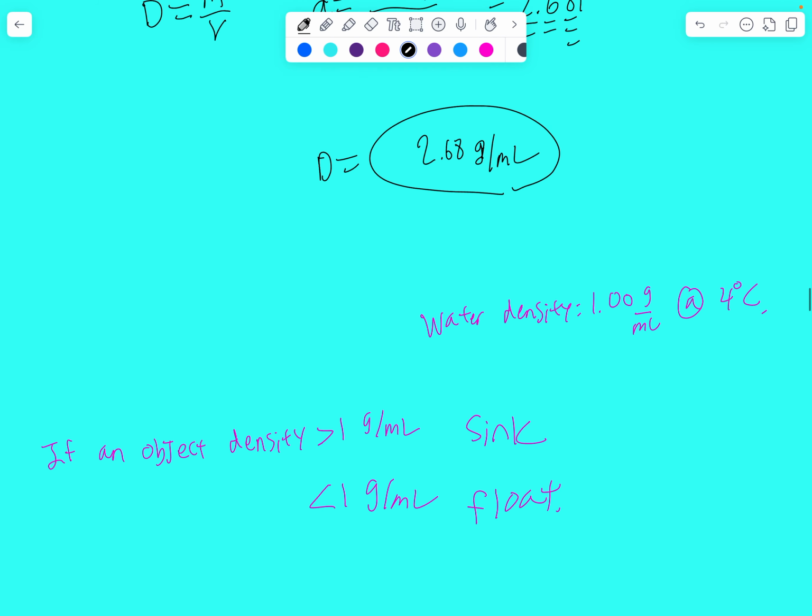And I want you to understand, if an object's density is greater than water, aka greater than 1 gram per milliliter, it's going to sink. If an object's density is less than 1 gram per milliliter, it's going to float, right? So a density of 2.68 grams per milliliter means every milliliter of this material has almost 3 grams of mass. That's denser than water, so this object would sink. Good job.